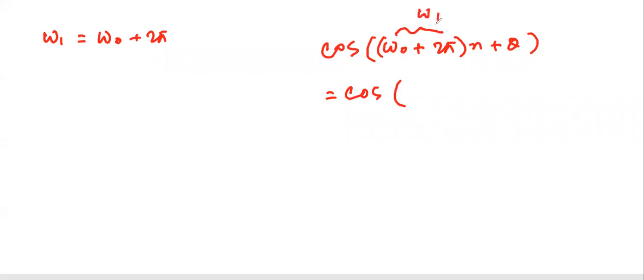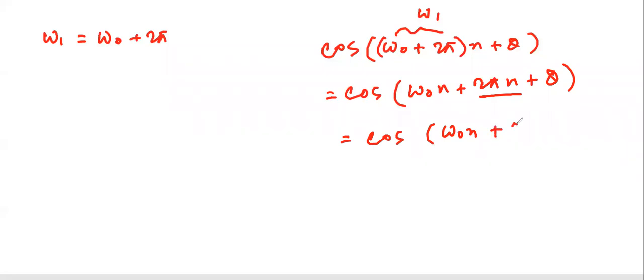That is actually omega 1. So we start with omega 1 and we find that this is omega 0 n plus twice pi n plus theta. And you know that for cos twice pi n, where n is an integer, any value of n, you'll find that it gives the same result. So we can write it as cos omega 0 n plus theta.